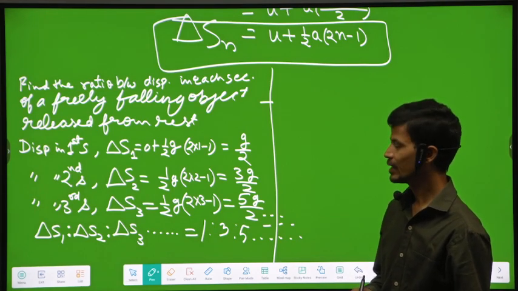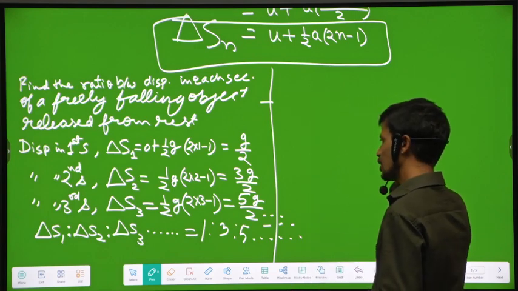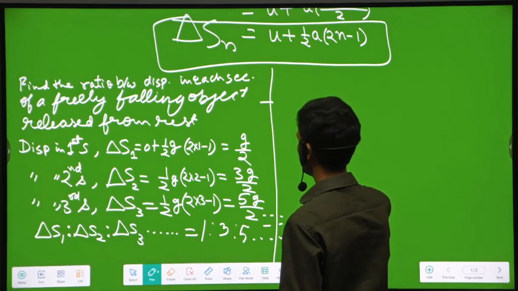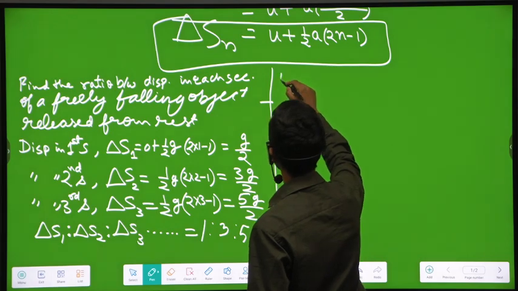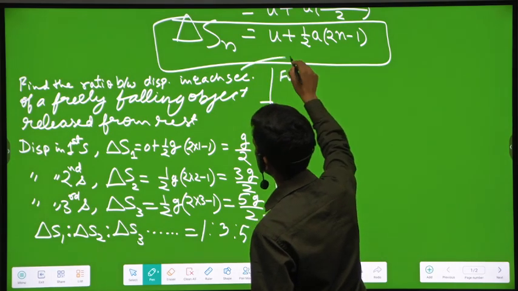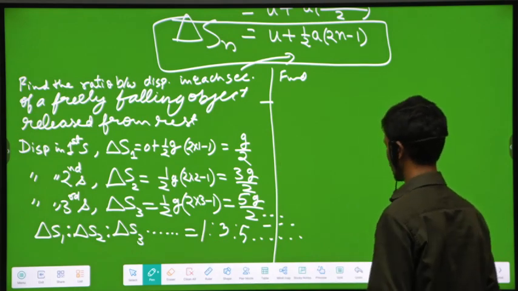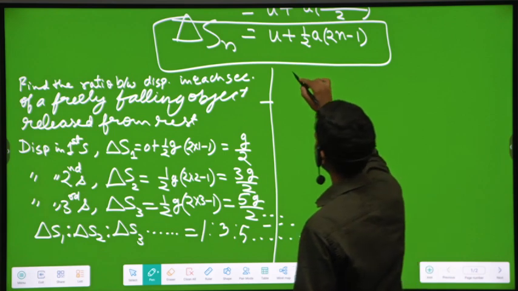Okay, other than that, there can be another question in which the same situation has been given. The entire scenario is the same, let me write it in a different form.